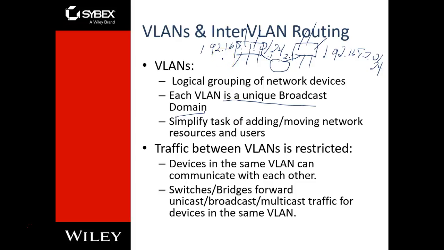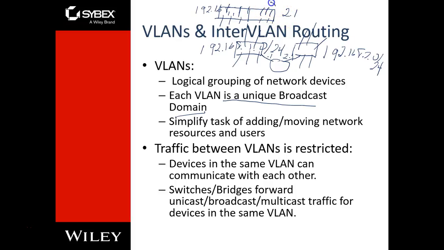What we do when we do a VLAN, let's make our switch longer here. We're going to maybe split it in the middle, and we're going to configure these things. This half of it is a 192.168.1.1 network, and this one over here is a 2.1 network.